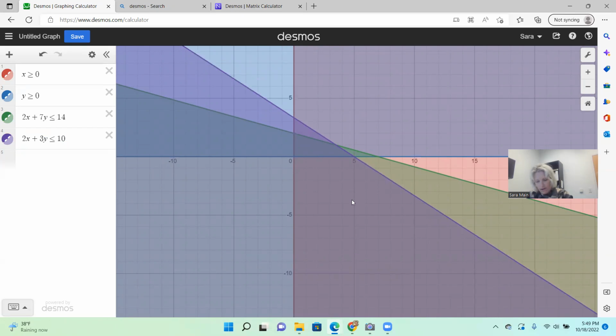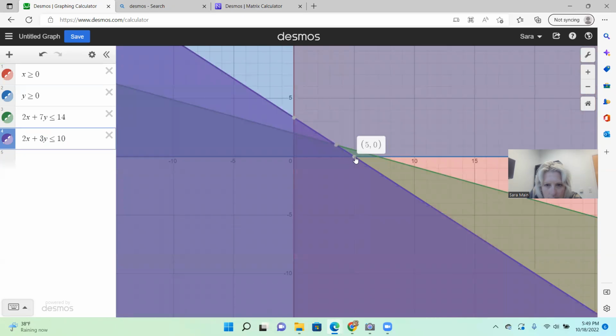So it looks like these are the corner points here. So 5, 0 is a corner point. 1, 2, 3, 4, 5. Okay.